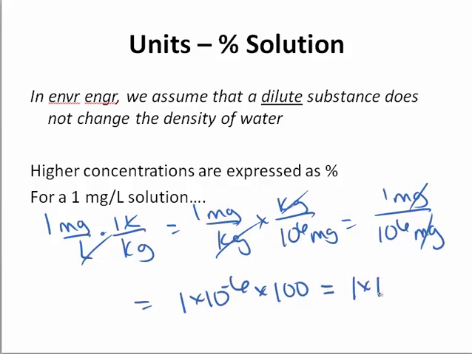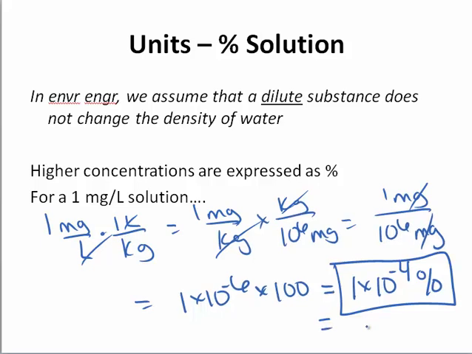So 1 times 10 to the negative 4 percent. That is extremely small. It can also be expressed as 1 part per million, as was demonstrated on the previous slide. Because the percentage expression is so small, when working at small concentrations, we usually discuss parts per million. But when working at large concentrations, you'll often see the percentage as the mass expression.